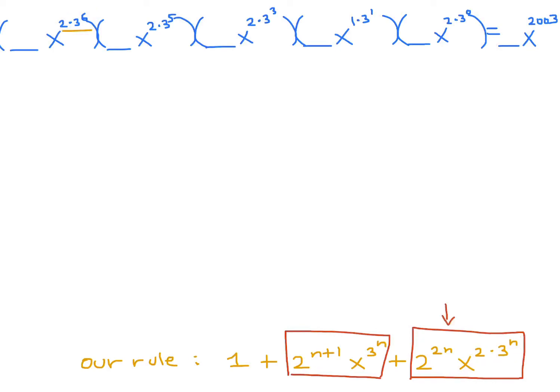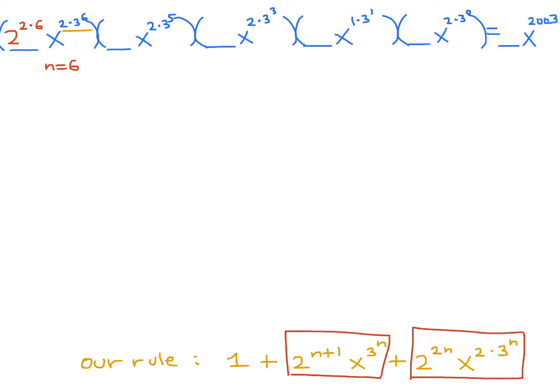So I have to look at this one right here. So n in this case is what? n is 6. And I have to look at that to figure out the coefficient. The coefficient will be 2 times 2 times 6. Correct? All right, great. Now let's go to the next one.